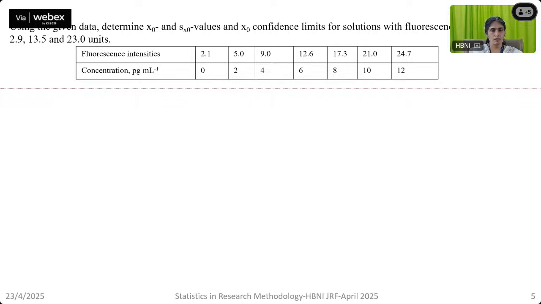To give you a feel for this exercise, the whole steps are described in this slide. In this particular experiment, the three different unknown concentrations give instrumental signals of 2.9, 13.5, and 23. If you look closely at this table and the unknown measured signals, 2.9 is near the lowest level, 13.5 is around the midpoint of the calibration curve, and 23 is near the upper extreme of the calibration curve.